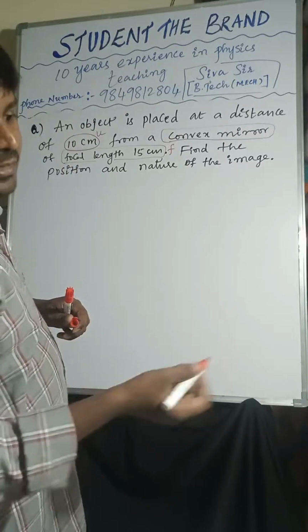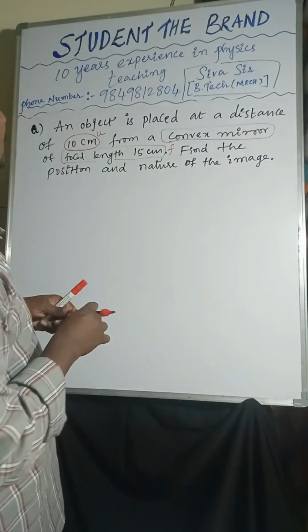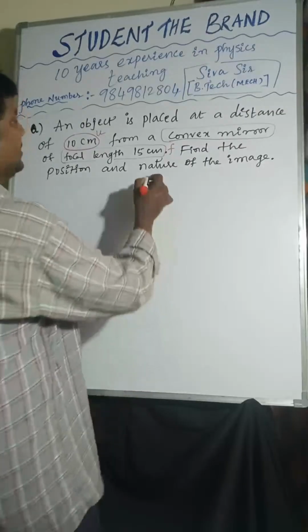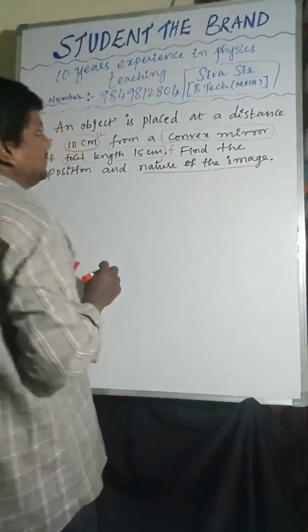So in a convex mirror, the nature of the image is virtual, erect and diminished.